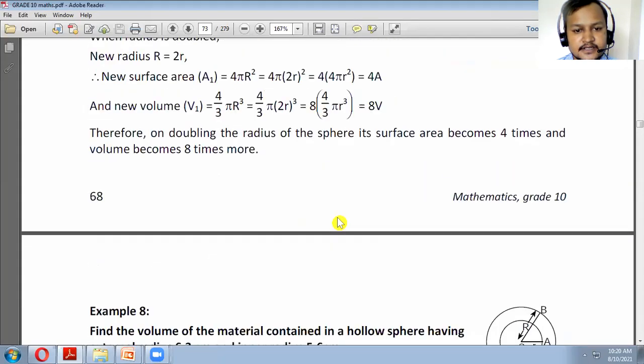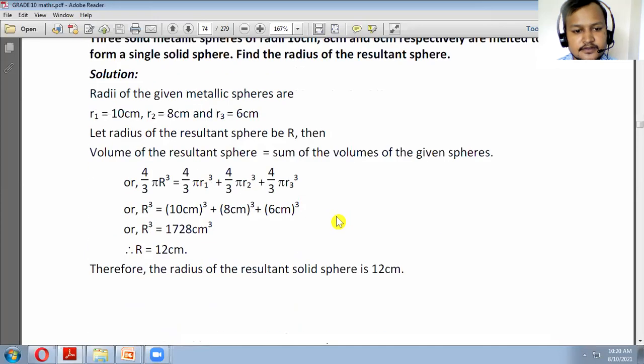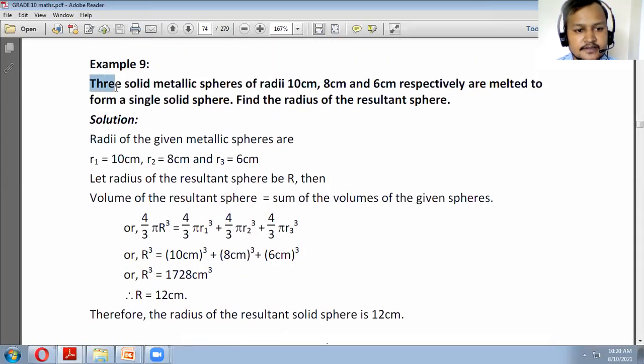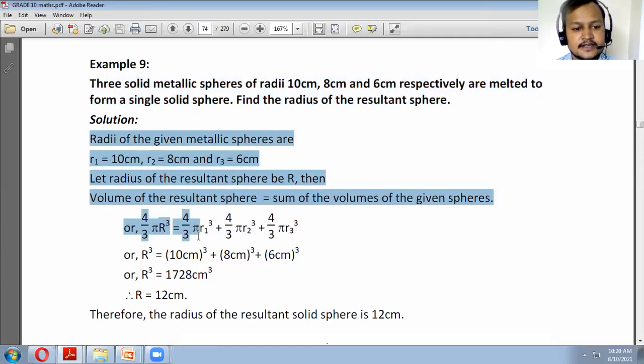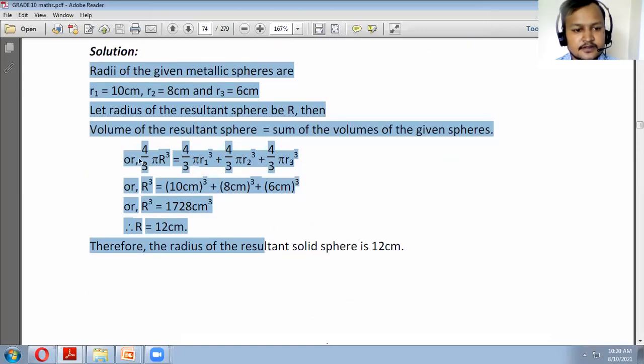So I think you'll easily do it. Look at this one. 3 solid metallic spheres of 10 cm, 8 cm, 6 cm are melted to form a single solid sphere. Find the radius of the resultant sphere. So a similar question is there. Because of that reason, I left it for you.